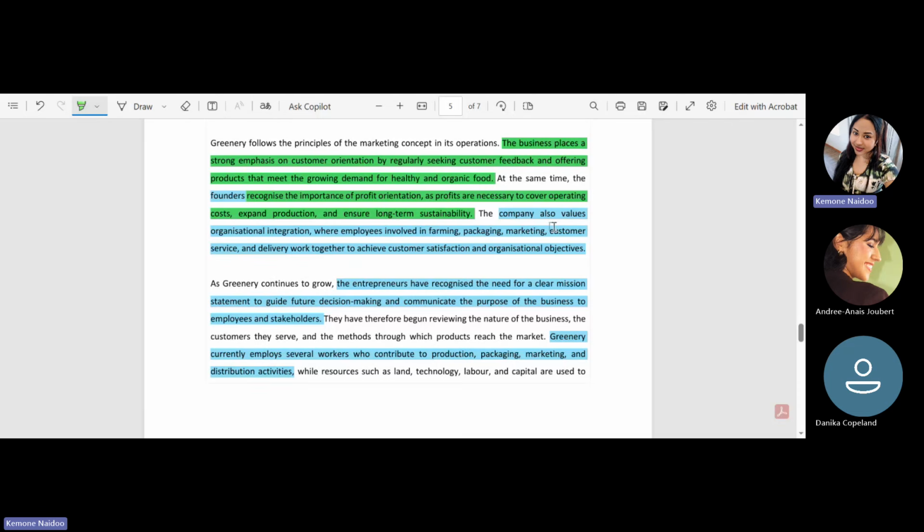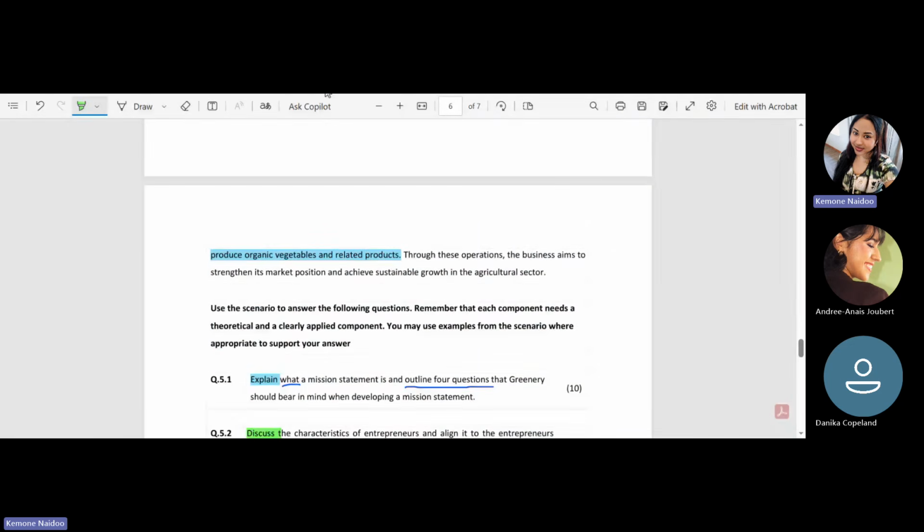So if we look at the case study and we see where we find this, we can see that employees involved in farming, packaging, marketing, customer service, and delivery work together. Okay, so all the employees are working together. So that shows integration. So do you see how from the case study, you can get all of your answers from the case study, but it's just a matter of interpreting it on your own and giving the theory. So you must know how to do that. Okay, are we good so far?